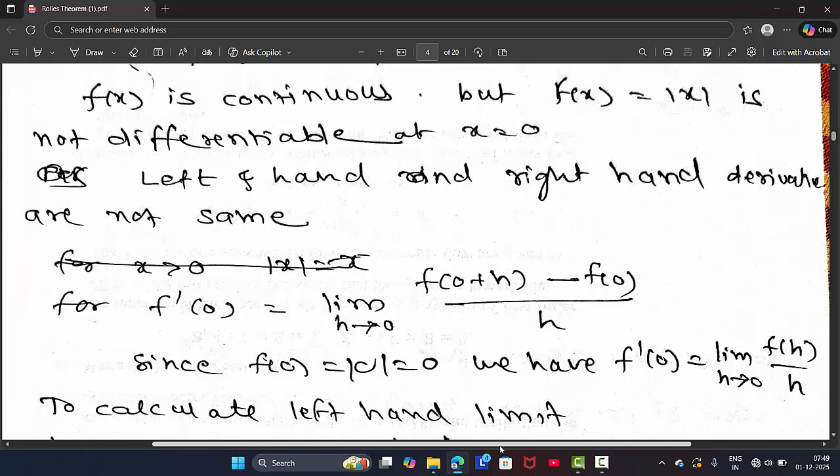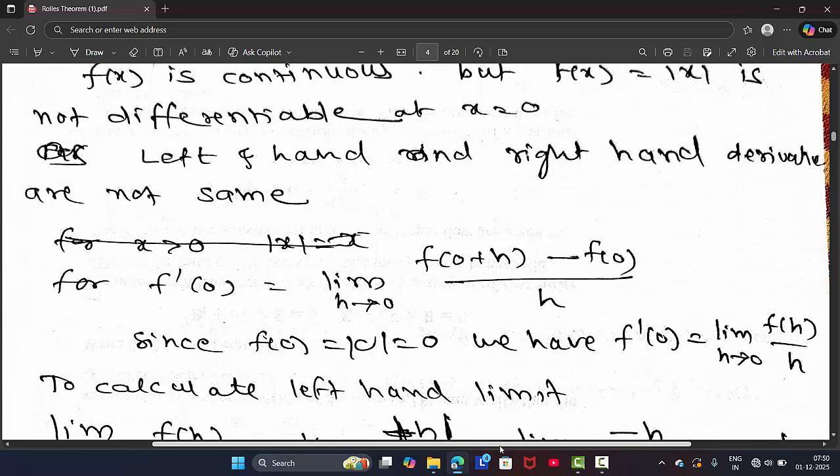For that, by definition of f dash 0, we get f dash 0 equals limit h tends to 0 of f of 0 plus h minus f of 0 divided by h. But f of 0 is nothing but mod 0, which is 0. That's why f dash 0 equals limit h tends to 0 of f of h divided by h.